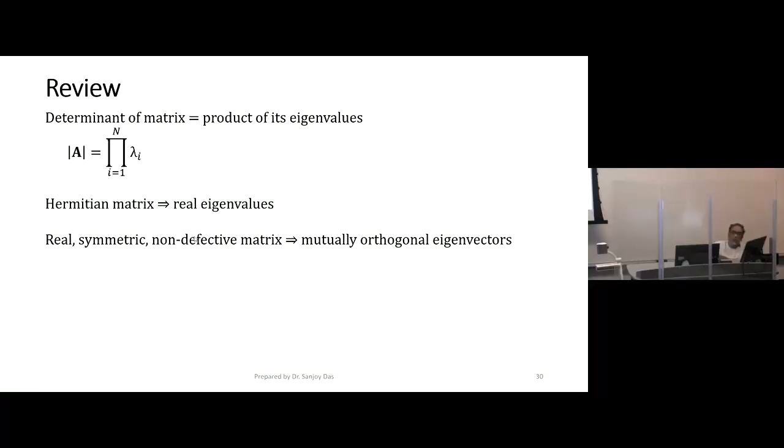Non-defective is the default in our course, and very rarely will we be dealing with complex matrices, so real is kind of default. A symmetric matrix has mutually orthogonal eigenvectors, which is expressed as Vi transpose Vj equals the Kronecker delta, delta ij.